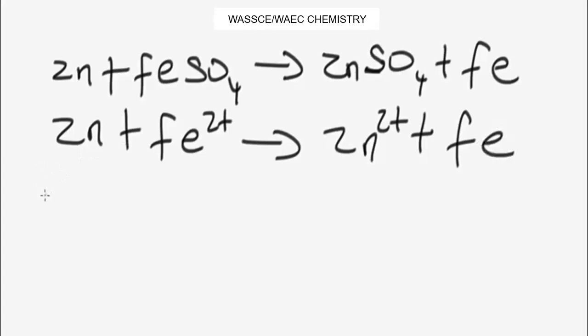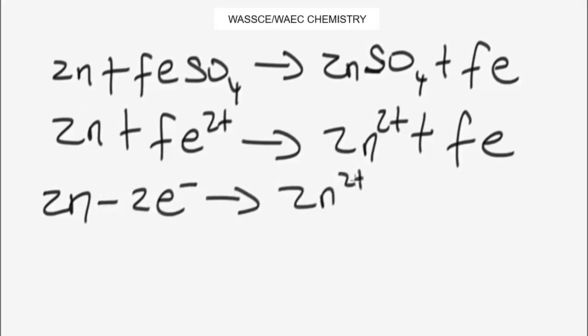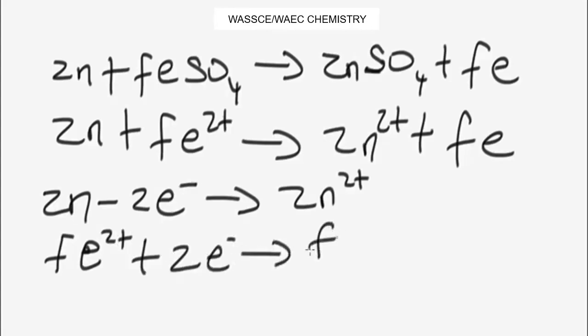Now the oxidation here, you don't need to write this one. I'm just showing you the oxidation and reduction reactions in this reaction. So in this oxidation reaction, we're going to have zinc atom lost 2 electrons to form zinc ion, whereas the iron 2 ion gained 2 electrons to form iron atom.